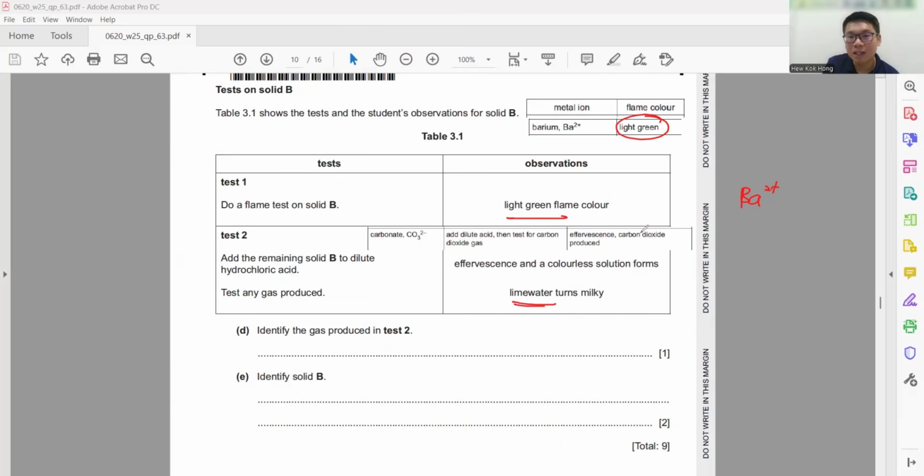So we can confirm it forms carbon dioxide. So this is carbonate. So identify the gas produced in test 2. It is carbon dioxide. You can write in words or write CO2 because they just ask you to identify, not ask you to name it. Identify solid B, so we can confirm it's this and this, so it's barium carbonate.